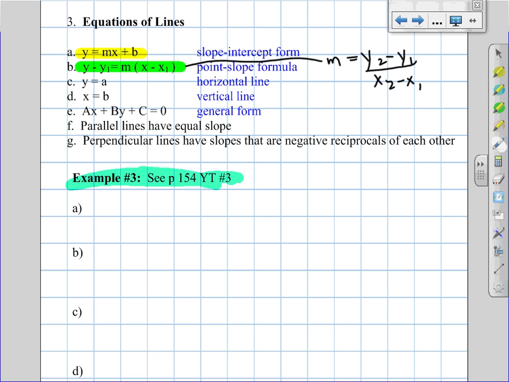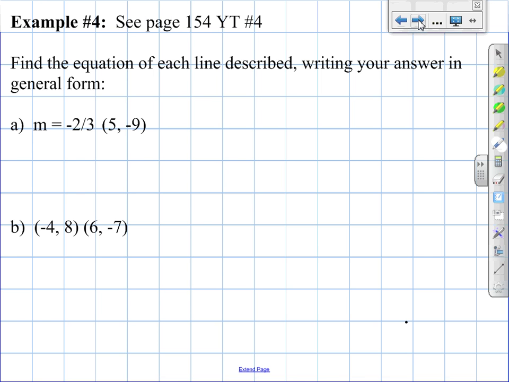Basically, we know how to describe a horizontal line where it's always y equals a number. A vertical line is always x equals a number. If you're asked to put something into general form, it means move it all to one side, make it equal to 0 with no fractions or decimals. And you'll also run into some problems involving parallel and perpendicular lines, which we'll talk about right away.